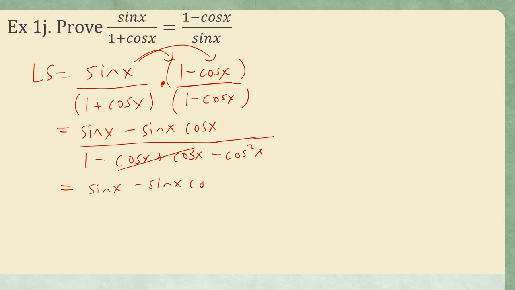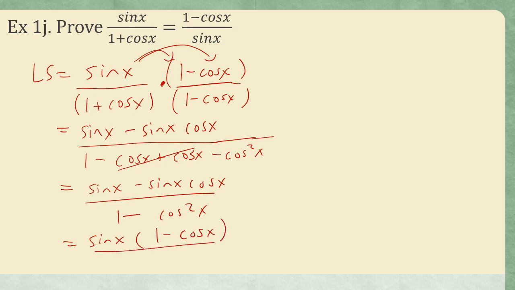So on the top, we have this, and on the bottom, we have this. Let's factor out sin x, which would leave me with 1 minus cos x. And the bottom is your Pythagorean identity, sin² x. We're basically there.